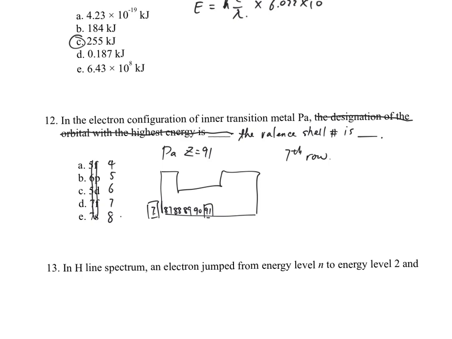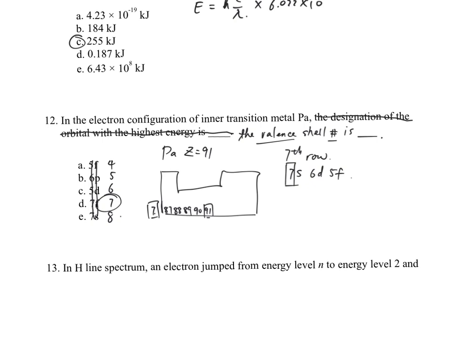That means your element's electron configuration ended with some electrons on 7s, and then possibly 6d, and possibly 5f. Highest number, you definitely have electrons in 7s. 7 is your highest number shell, and that's your valence shell. That shell number is 7.